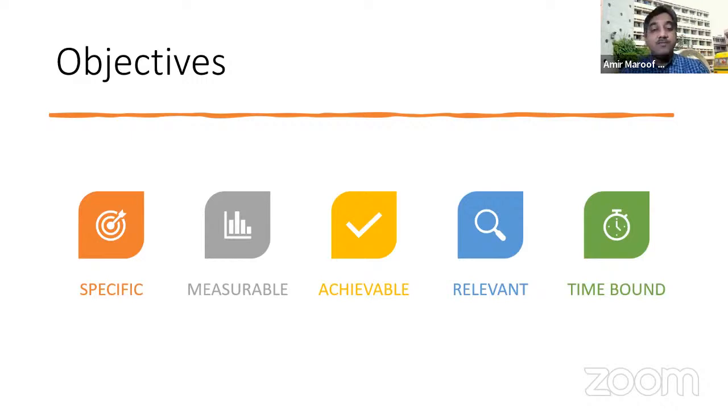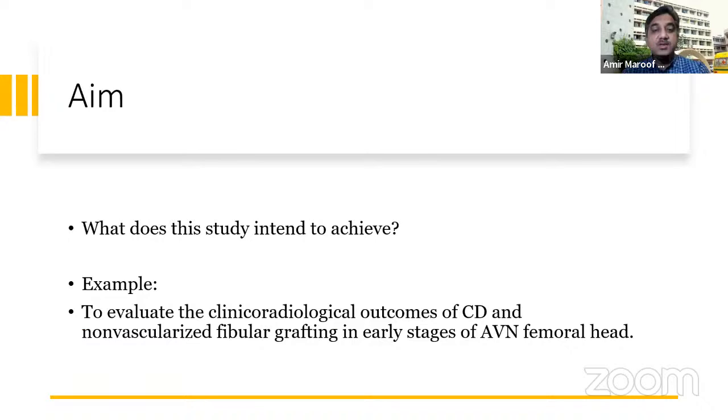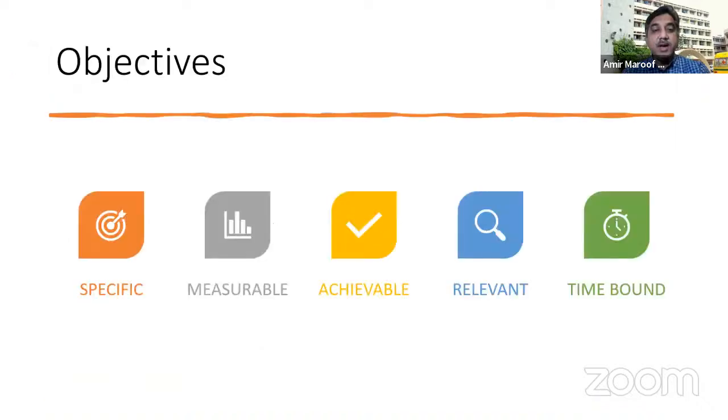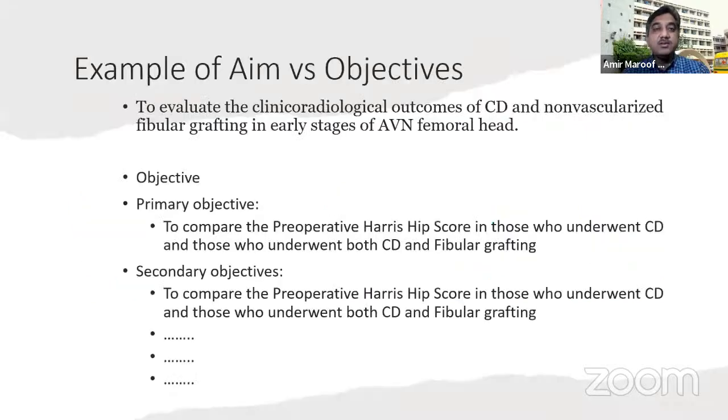If you say you want to measure something in an objective, you have to decide how you will measure it. If you are able to measure it, then you can do that study. So from aim, we use a measurable outcome. Let us see how we can convert that aim into objectives.